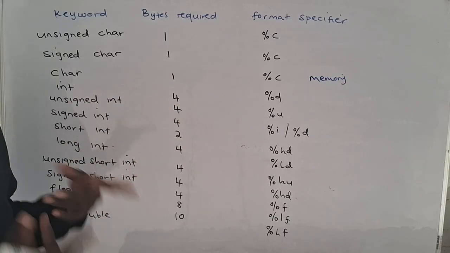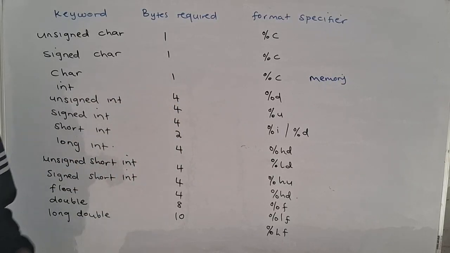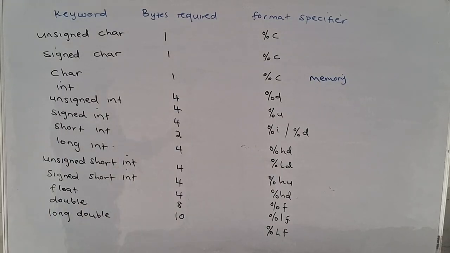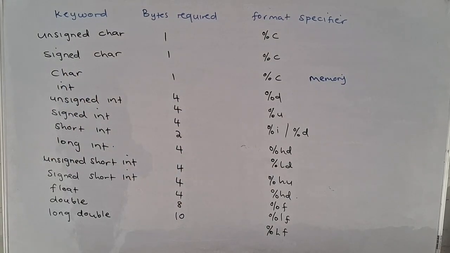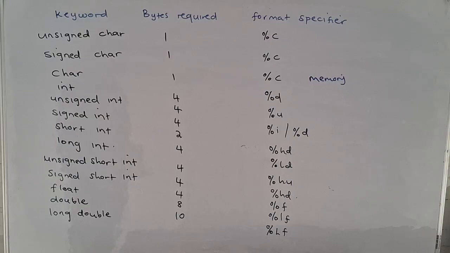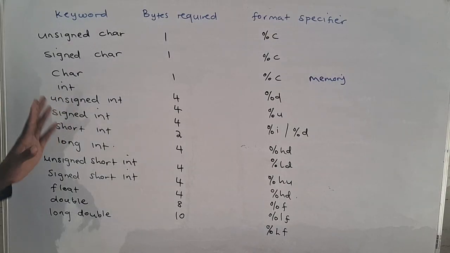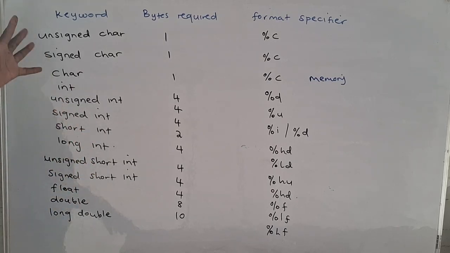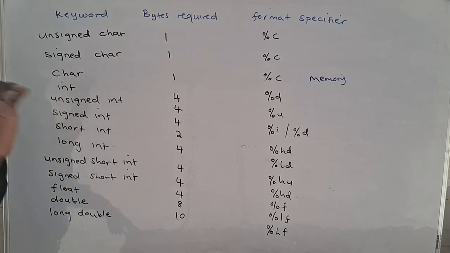If you enter a character, it is converted into an integer, then into binary form, and it occupies space. The size used by an integer is different from the size used by a character. These are the things we want to discuss in today's class.